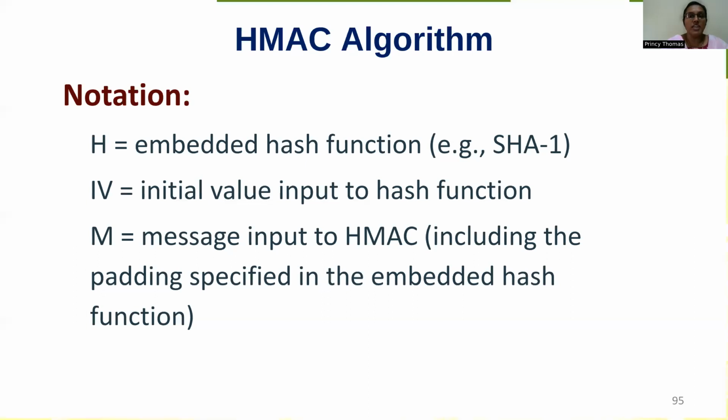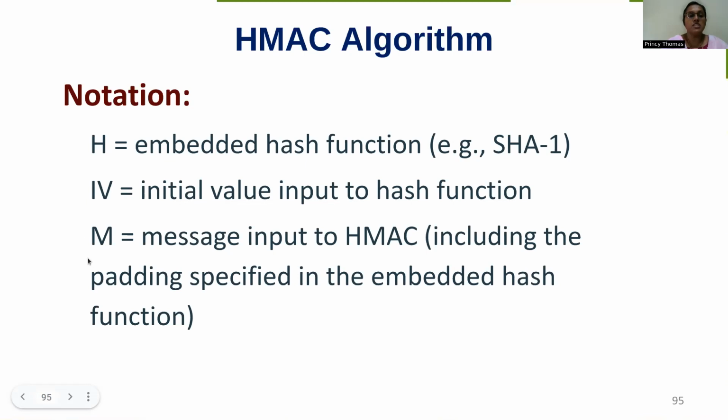The notations that we are going to see in these slides, we've seen before. H is going to be the hash function, for example, either SHA or MD5. IV is the initial value, which is to be input to the hash function. M is the message whose hash is supposed to be calculated.